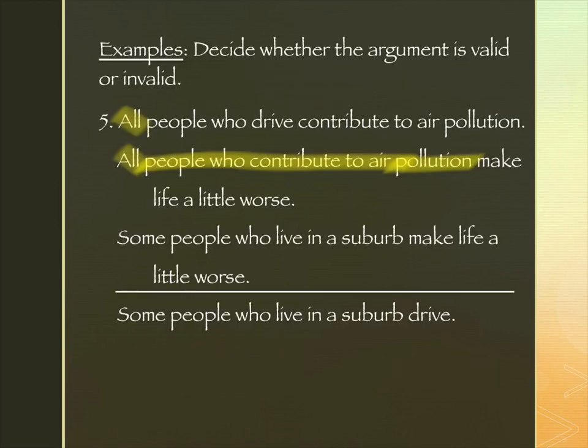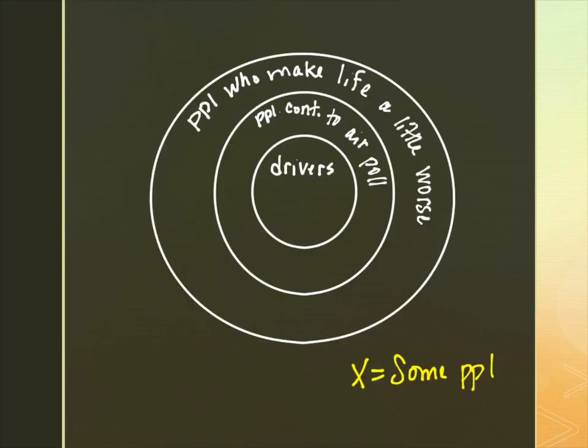It says, some people who live in a suburb make life a little worse. So where could those some people, these are our suburb people. That's right. Suburb people. Where would they be? Or where could they be based on the description?